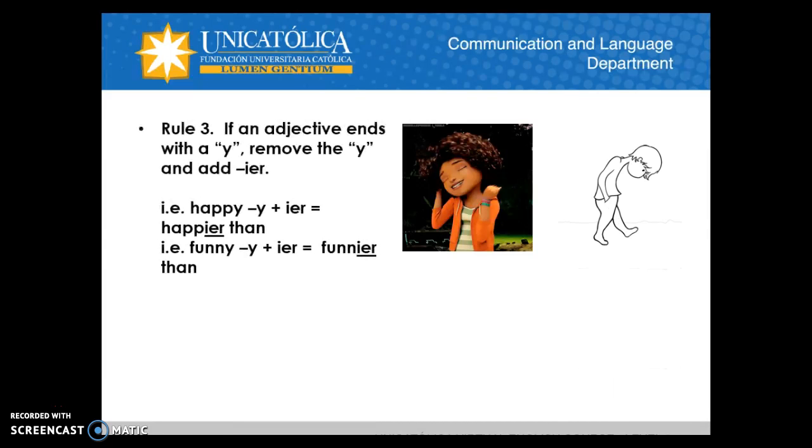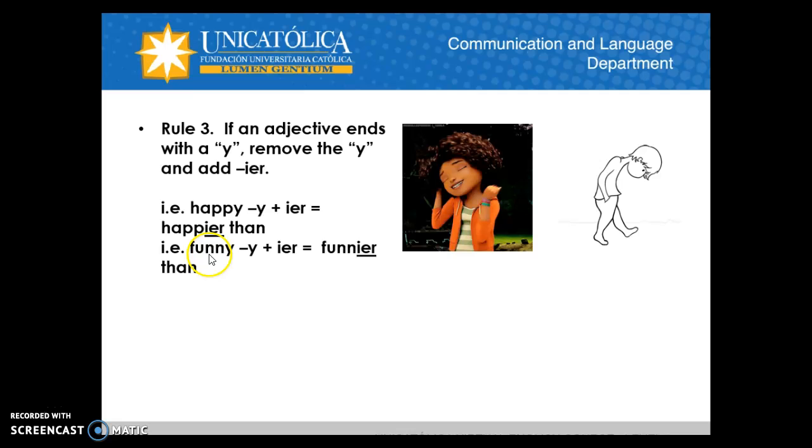Look, rule number 3. If an adjective ends with a Y, remove the Y and add IER. Example, happy, funny. Just look, remove, take out the Y and put IER.